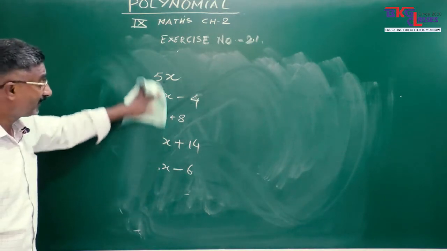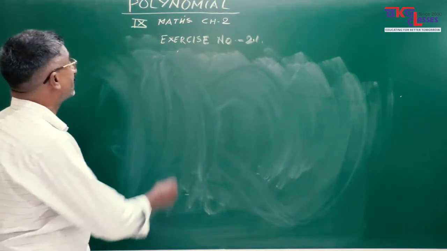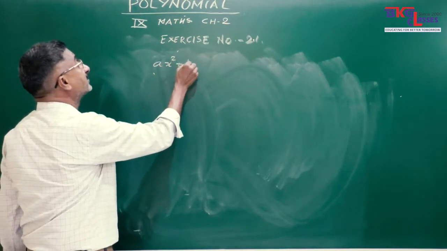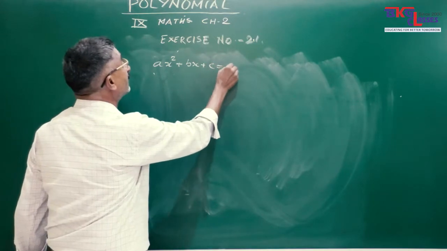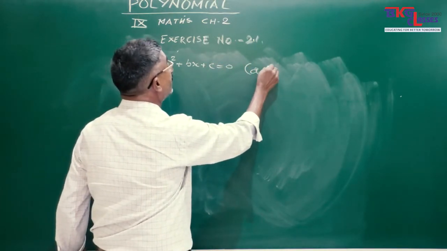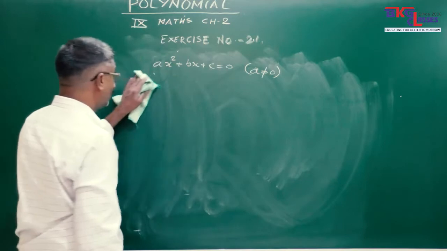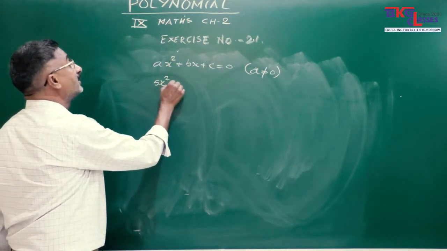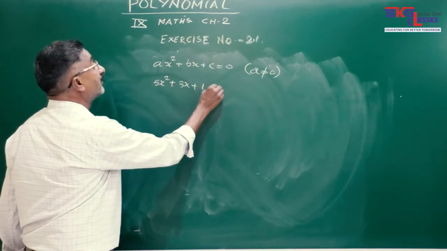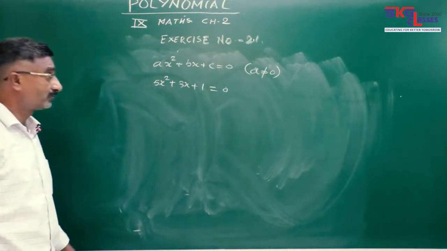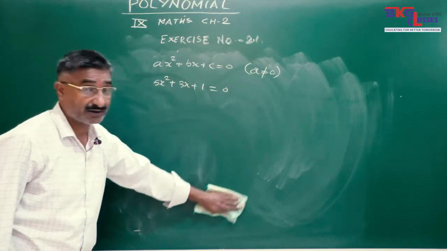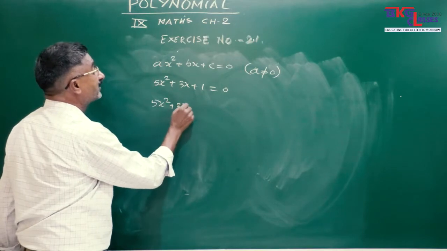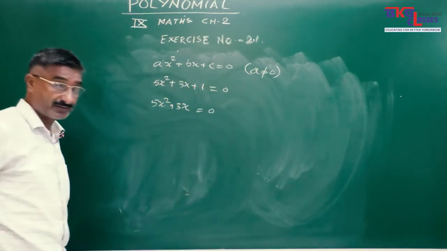Okay. For other examples of the quadratic equation, I will write the standard equation, that is ax square plus bx plus c is equal to 0, in which a should not be equal to 0. So I can write 5x square plus 3x plus 1 is equal to 0. This is a quadratic equation. 5x square plus 3x, this is also a quadratic equation.